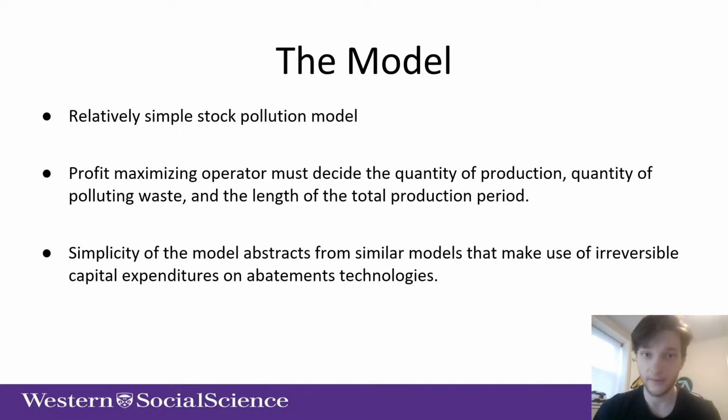The simplicity of the model sets it apart from similar papers by contemporaries that typically involve an irreversible capital expenditure on some abatement technologies. This has often been criticized by environmental economists as being unrealistic, and so this more simplistic model may have more real-life applicability.